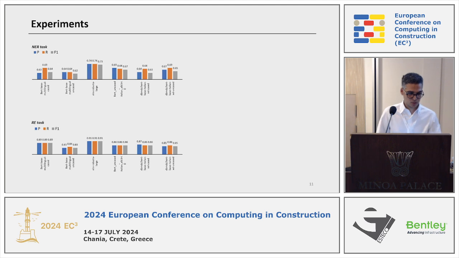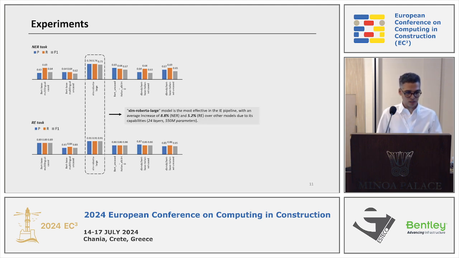For the results, as we see here, for the named entity recognition and relation extraction tasks, the RoBERTa model achieved the best performance. Of course, maybe it's logical because the RoBERTa model has 24 layers and 550 million parameters, so the model was able to recognize the difference between these entity categories and the relation types.